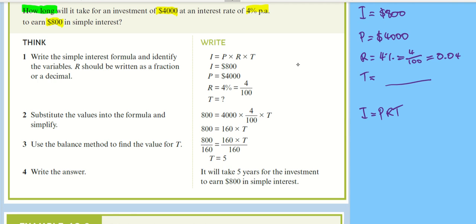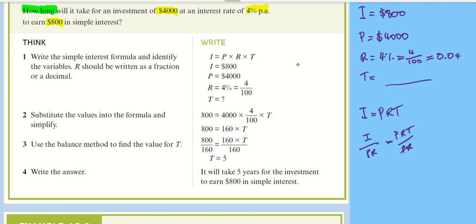I'm going to do this in a couple of steps. Actually, I only need to do one step, because what I can do is I can divide both sides by P and R. And this is P, R, T, and I divide this side by P and R.